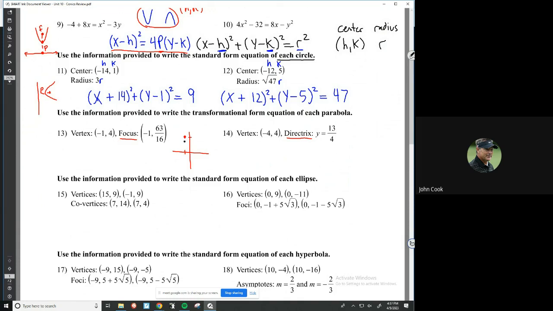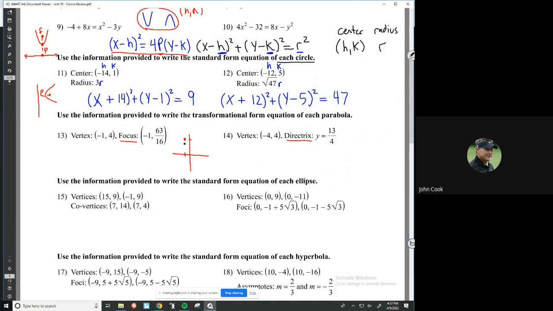What that tells me is this: if I graph it out, the focus is inside of the parabola. So if I've got a vertex here and a focus below it, my parabola is going to open downwards. If my vertex was here and my focus was up here, the focus is inside, so my parabola would open upwards.